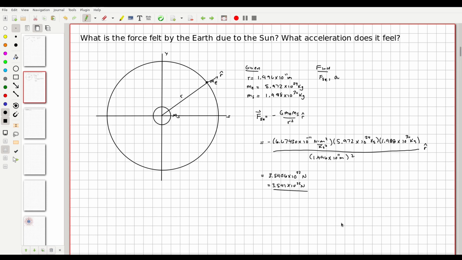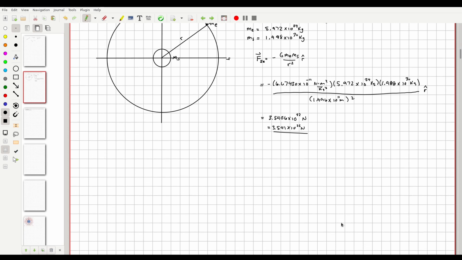Now, that's the force. Now, what about the acceleration? Well, F is equal to ma. This is the force that's acting on the Earth to cause it to experience acceleration. So if you think about F being equal to m times a, our acceleration is just going to be this force divided by the mass of the Earth, right? So, 3.5406 times 10 to the 22nd newtons, divided by the mass of the Earth, 5.972 times 10 to the 24th kilograms.